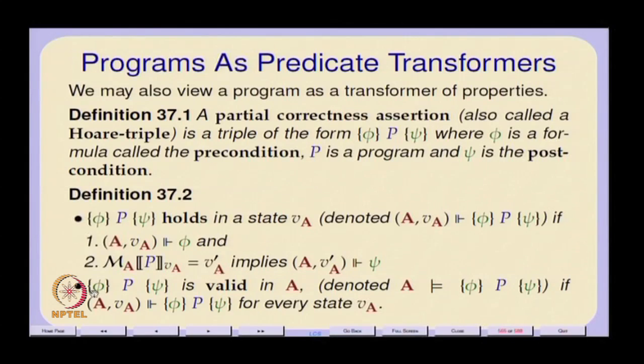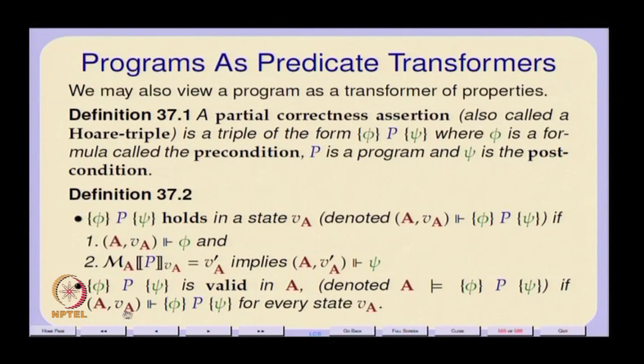Then we would say that this phi P psi is a valid formula in A, and we use the usual validity notion. We have extended it to the programming language with partial correctness.